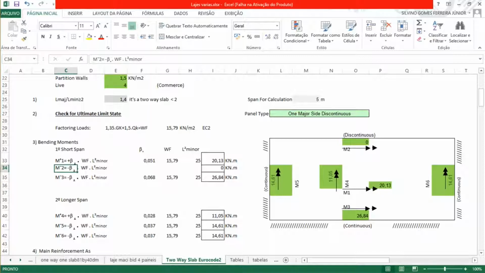So M2 will be on the corners of the shorter side. It's perpendicular to the short side here. And since it is on the discontinuous side, here we can consider the moment 0. That's why we need to go check these values. M3 will be here on the continuous side, on this corner, perpendicular to the shorter side. It's on the corner, so it will be a negative moment.